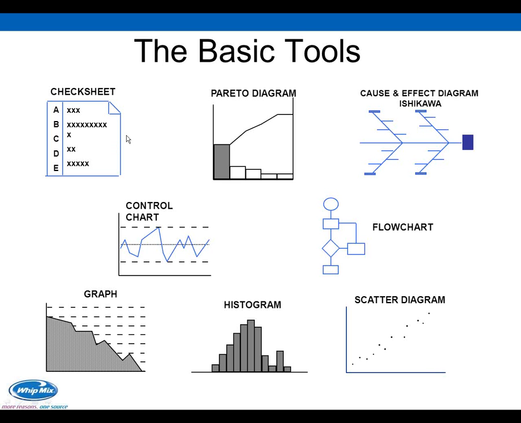So we can start quantifying by category or by area, by operator, or there's a number of different facets that you can look at to collect the data. And this is really neat because with a check sheet like this, you're actually getting a quantitative measure while you're collecting the data of where your problem areas are. So hopefully you see that whatever B is, that's happening the most, and that's probably our problem.